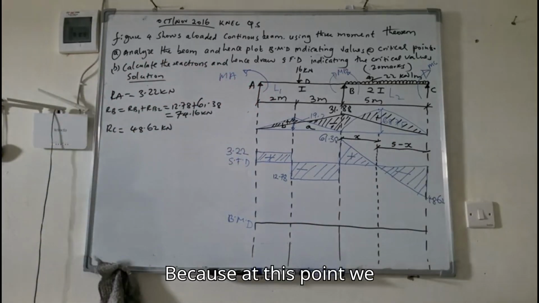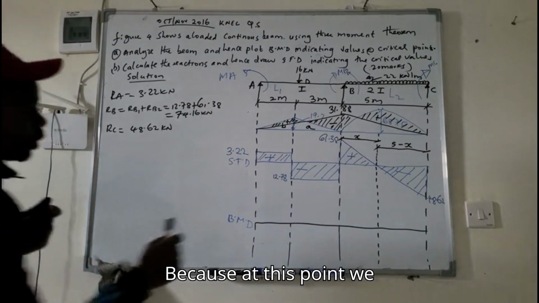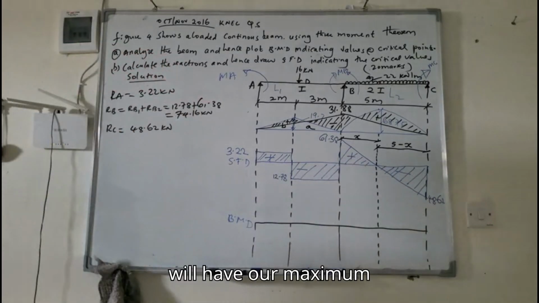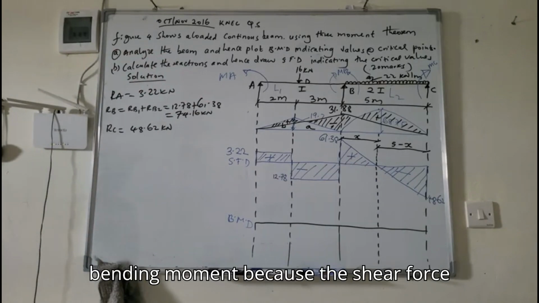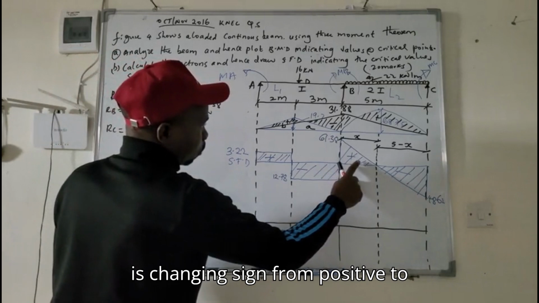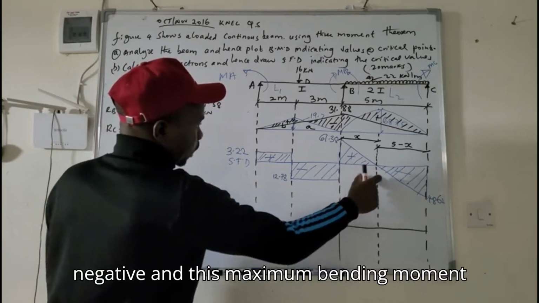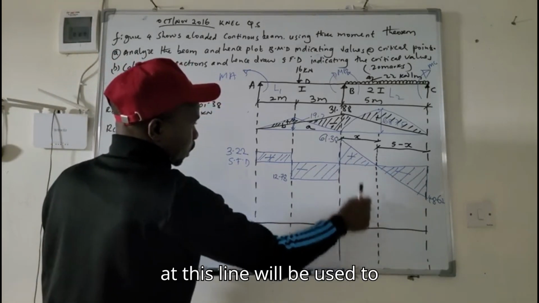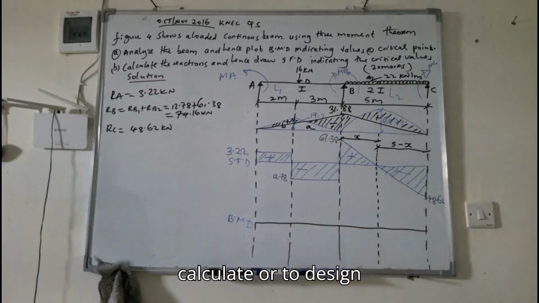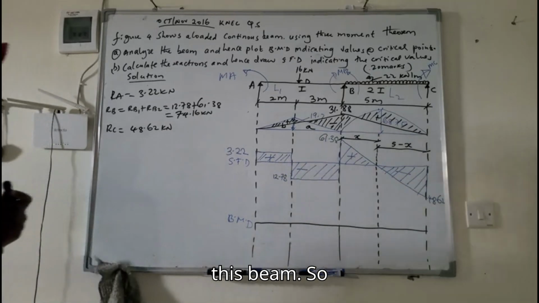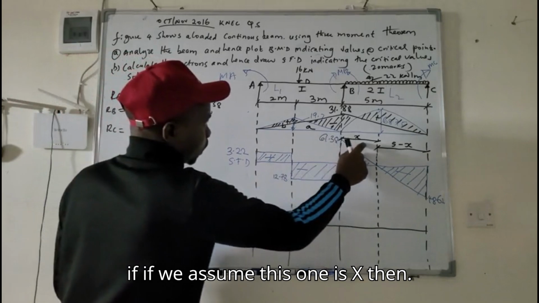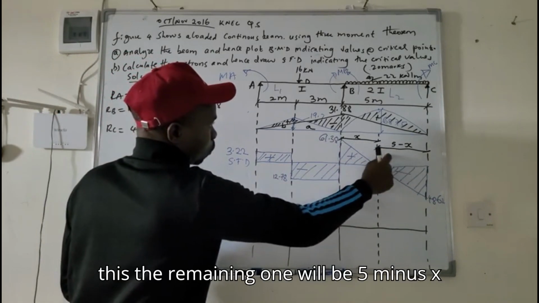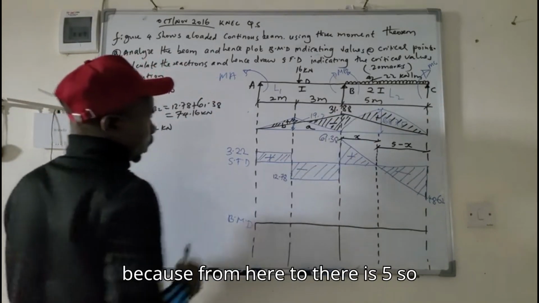Why? Because at this point, we will have our maximum bending moment, because the shear force is changing sign from positive to negative. And this maximum bending moment at this line will be used to design this beam. So if we assume this one is X, then the remaining one will be 5 minus X, because from here to there is 5.